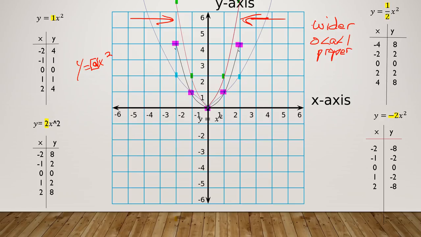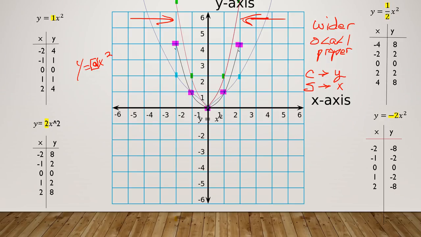And if it's a proper fraction, it's going to be stretched along the x-axis, and it's going to be compressed along the y-axis. Okay? So in this one, you could say it's wider, but you need to say that it's compressed along the y-axis, and it's stretched along the x-axis. So just think of you putting your thumb and index finger on one side and your thumb and index finger on the other and pulling along the x-axis.